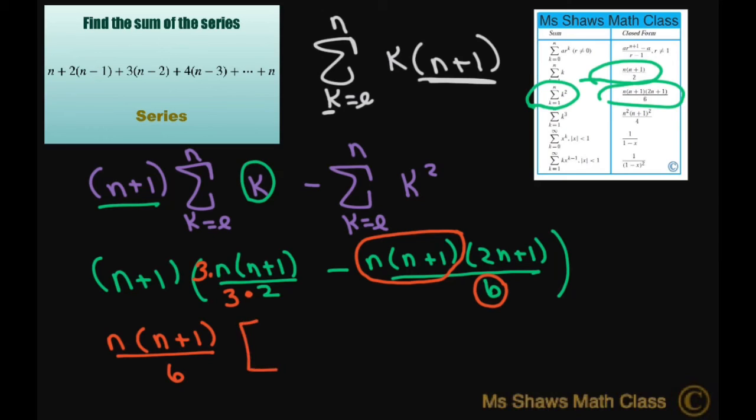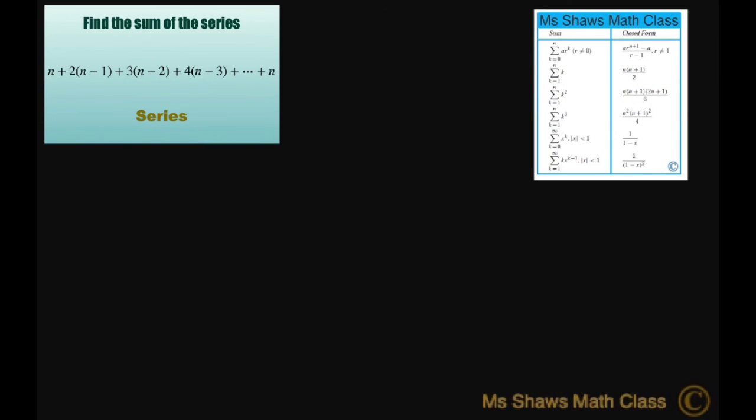Now, what's left is going to be 3 times (n plus 1) minus this part, (2n plus 1). All right, now let's simplify this part, and that's going to give us n times (n plus 1) divided by 6 times (n plus 2).